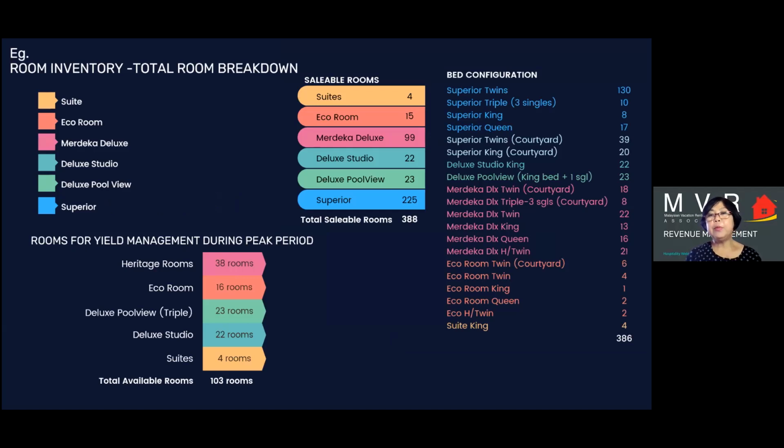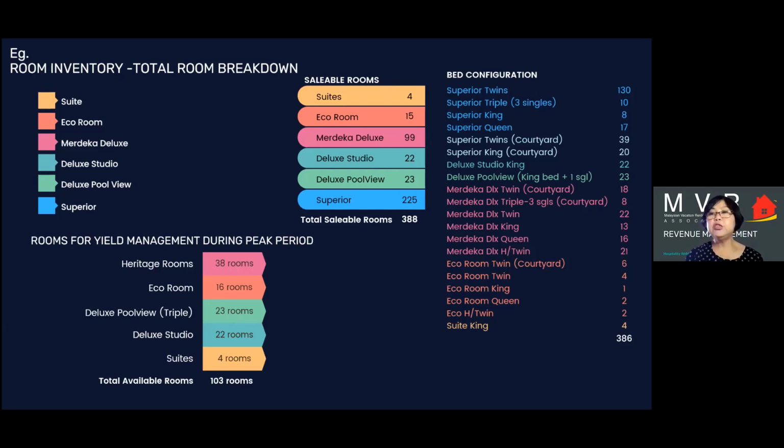I give you an example of a hotel because I come from a hotel background and I have an inventory layout like this. All the types of rooms will be listed, from suites, studios, pool views, superior, and the sellable room count will be there for me to view.